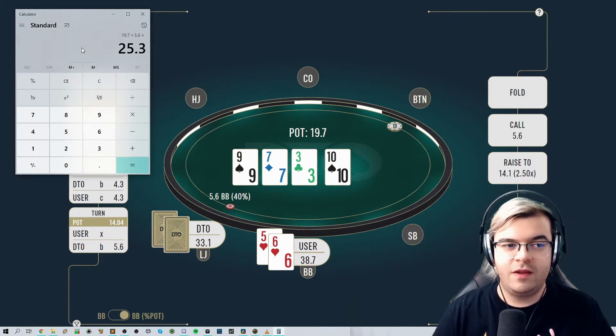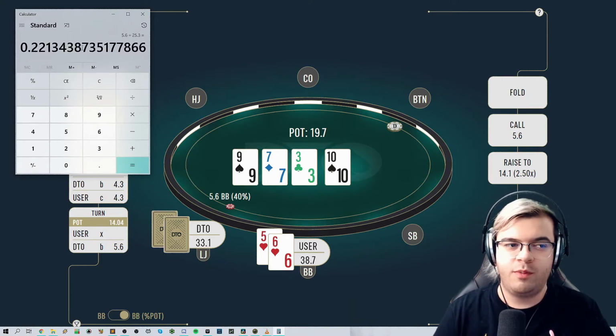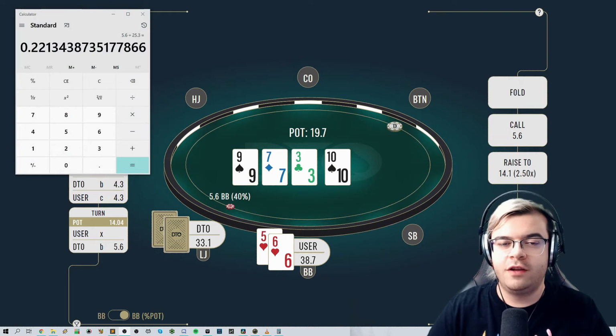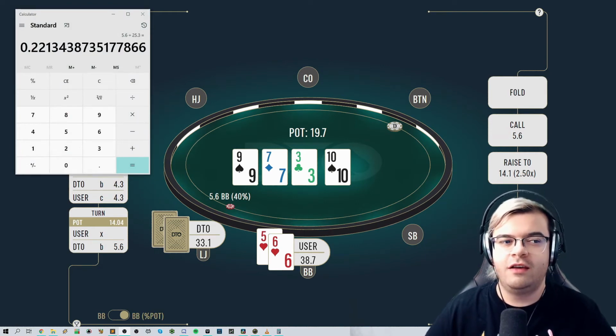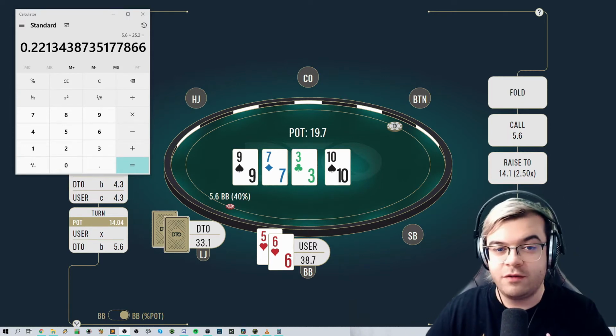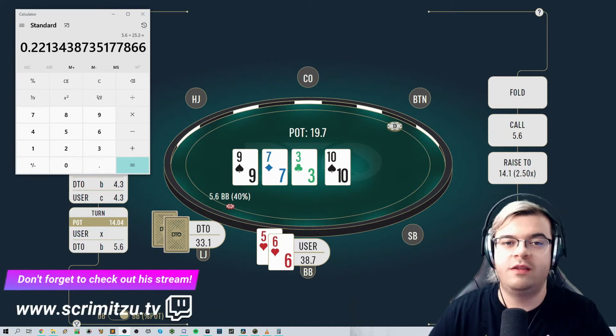So 5.6 divided by 25.3 will be your pot odds, which are 22%. Pot odds will tell you how often you have to be right to make a profitable call. Technically, if you call and you're ahead 24% of the time here, or 25% or 30%, that'll be profitable.